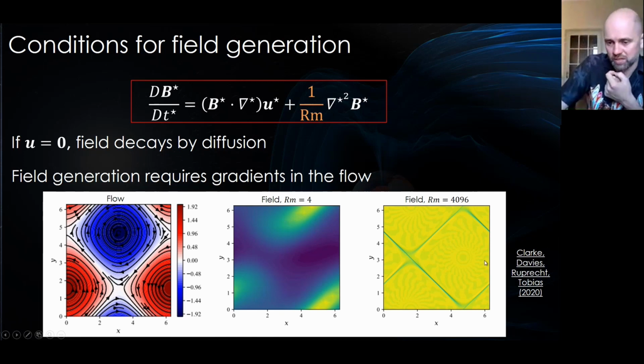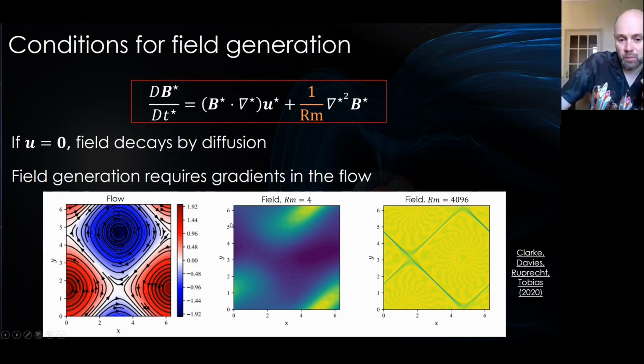So Andrew Clark, who was a CDT student a couple of years ago, did a lot of work on how you can efficiently solve this induction equation. This is a particular example from one of his papers where he imposed this particular flow called the Roberts flow. So here the flow is just being imposed so you can solve this equation on its own.